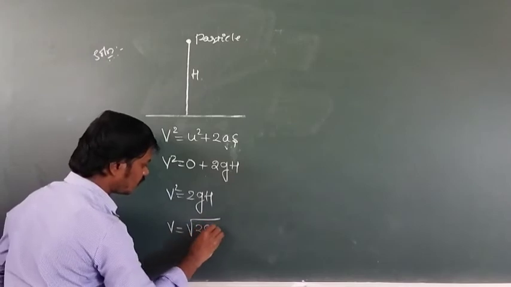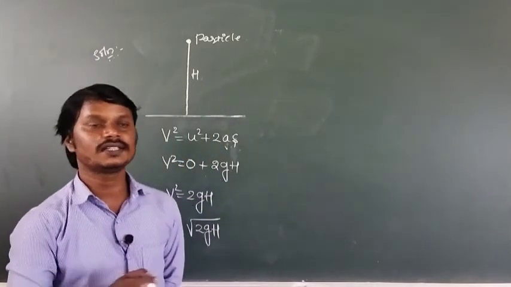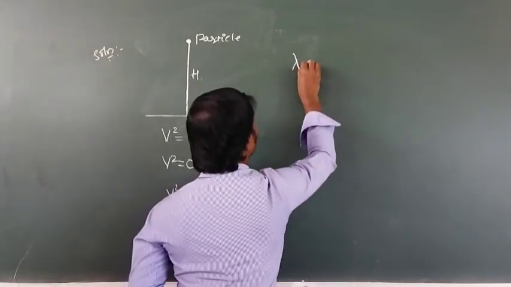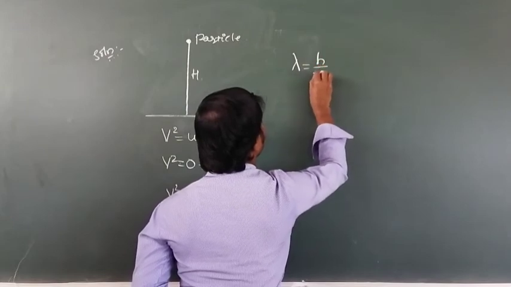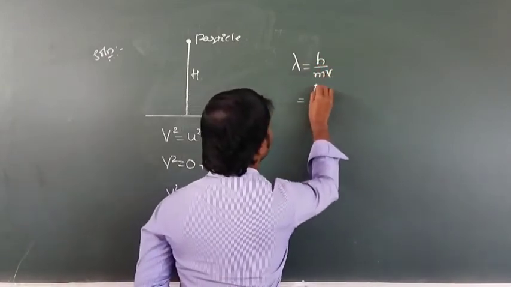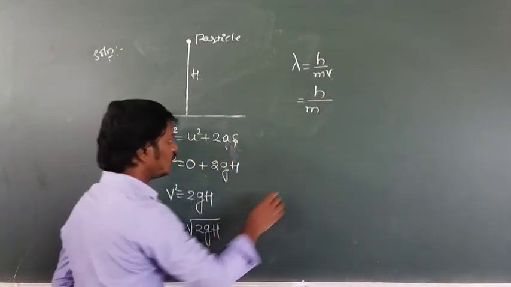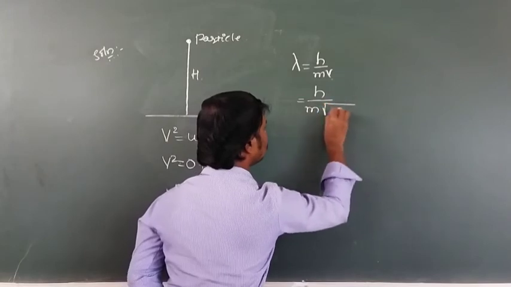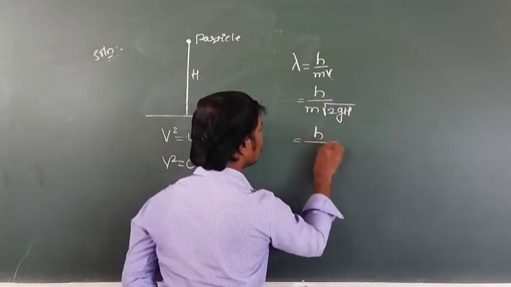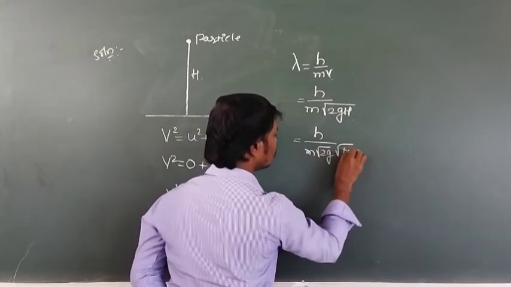But our aim is to find the de Broglie wavelength associated with the falling particle. Now lambda is equal to h by m into v. Now h by m, v is square root of 2gh. I will write h by m into square root of 2g into square root of h.